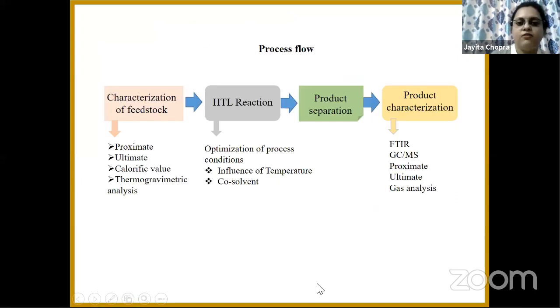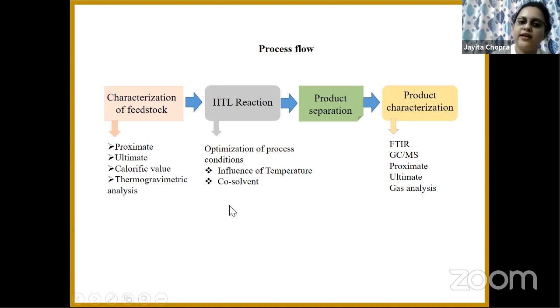And these are the strategies that I used for this study. The first is the characterization of the feedstock by proximate and ultimate analysis and calorific value, and also thermogravimetric analysis. This was done to identify at what temperature maximum decomposition occurs, so that we can accordingly design our experiments. The HTL reaction conditions were also optimized, like the temperature and pressure conditions.